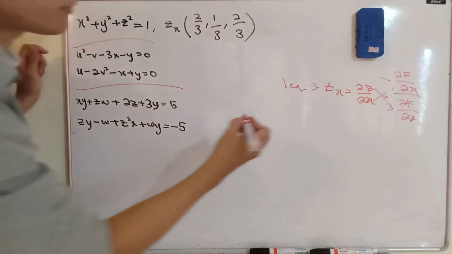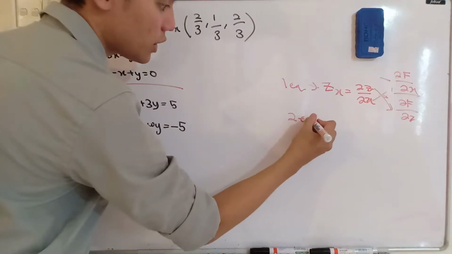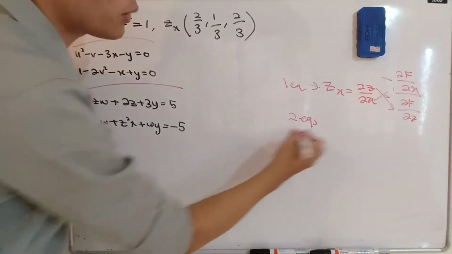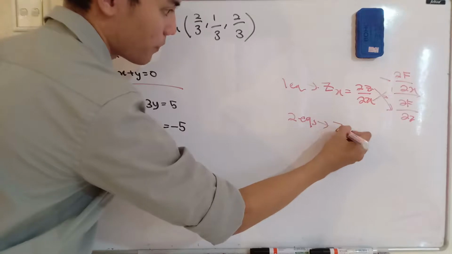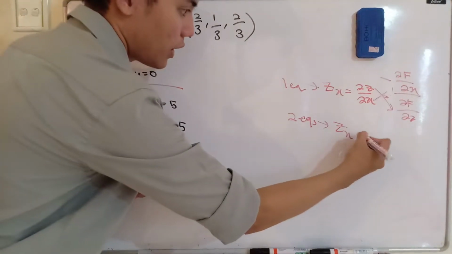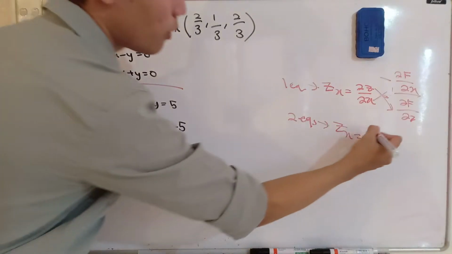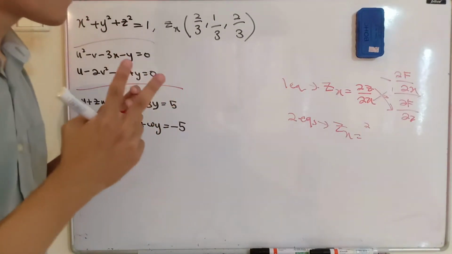Okay, it's very simple. So if I have two equations, let's say I want to differentiate z with respect to x also. So now I have two equations, right?